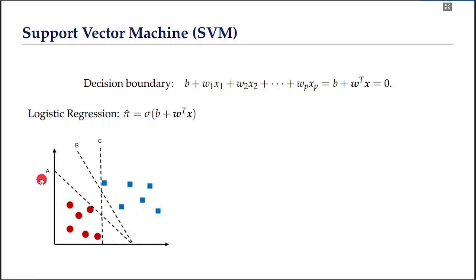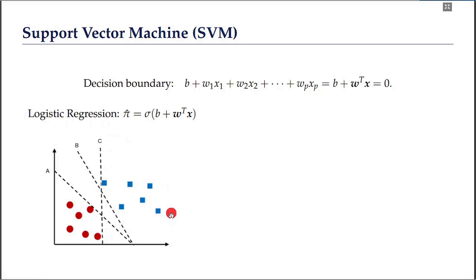However, here the decision boundary for A is close to the red points, the decision boundary for B is close to the blue points, and the decision boundary for C is close to both the red and the blue points.